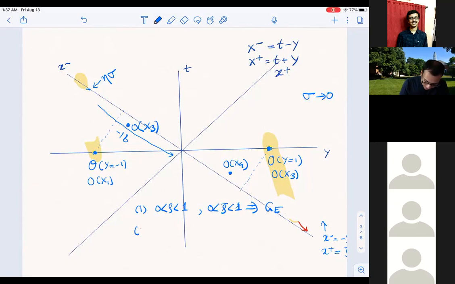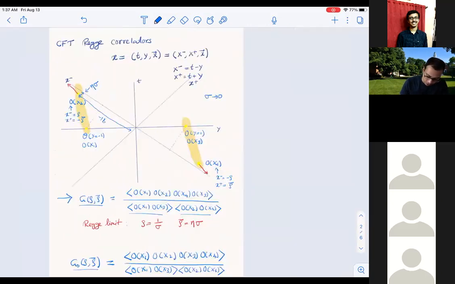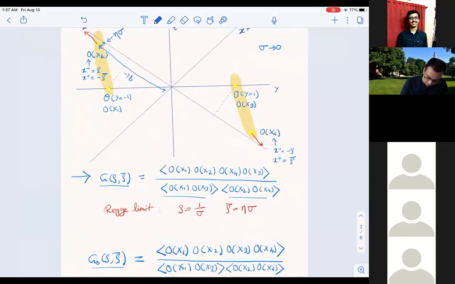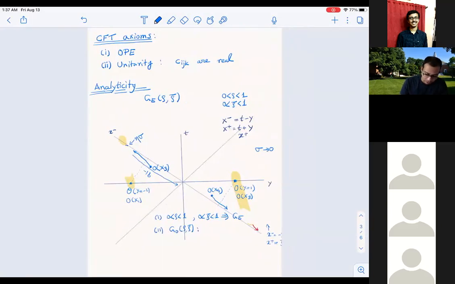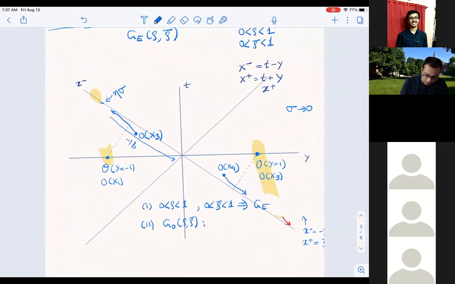Then the second one is the one that I call G0, with rho bar. This is when I move it here. So now things are time-like separated, but the ordering is this. This is the ordering. Now, if you use the i epsilon prescription, you'll see that to go from the Euclidean correlator to G0, you don't actually have to cross any branch cut.